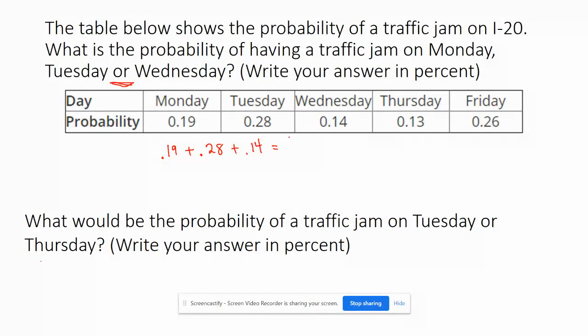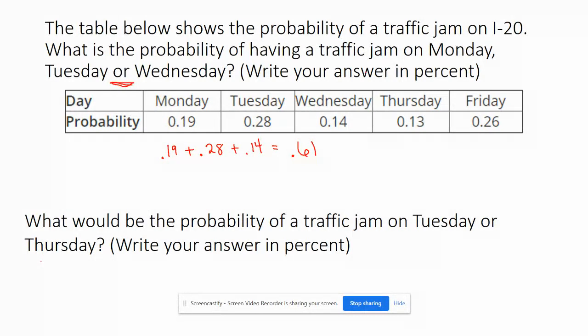Now I can do this by hand or I can use a calculator, of course, it doesn't matter. 0.19 plus 0.28 plus 0.14 would make 0.61. This is my probability of having a traffic jam on Monday, Tuesday, or Wednesday. So it's pretty likely, right, that we'll have a traffic jam on one of those days.